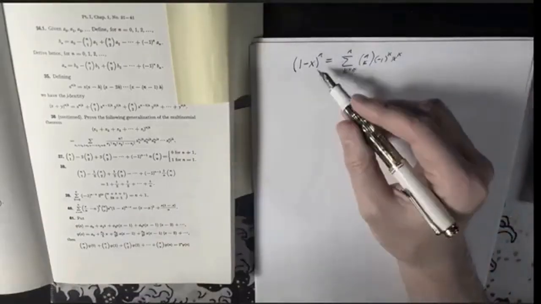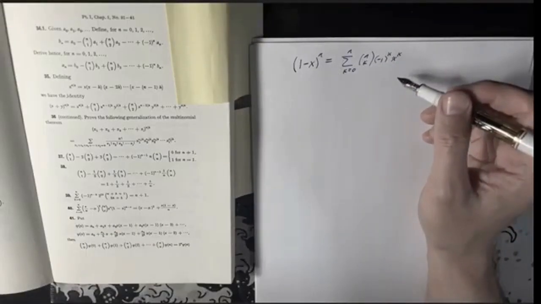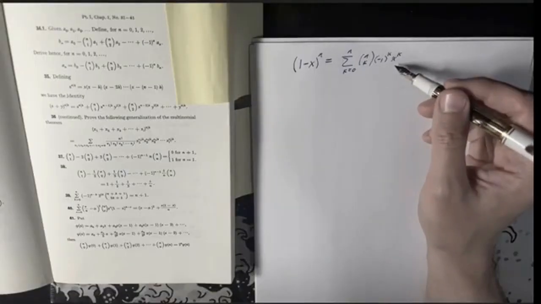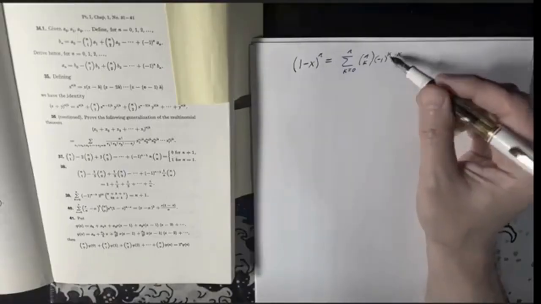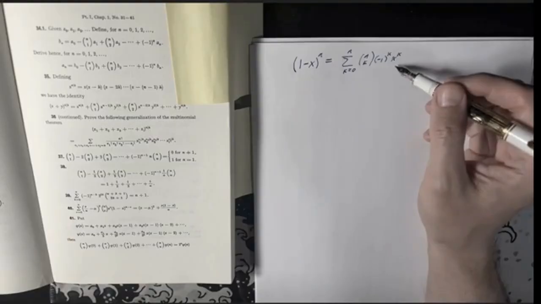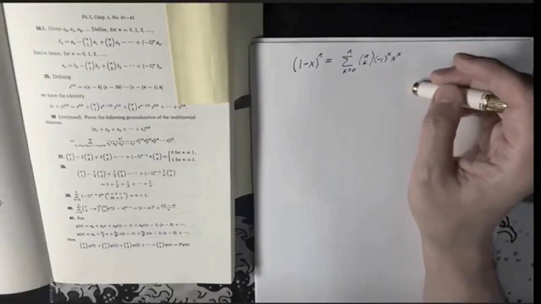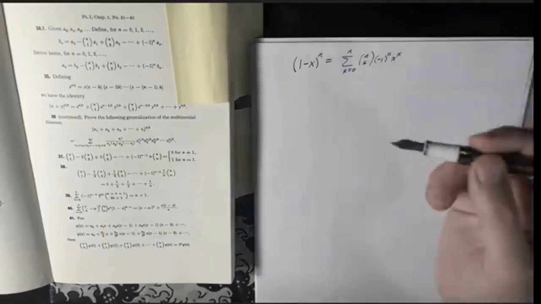So for instance, at 1 you get 0. Of course, you're right on the boundary here. You're right at the edge of the radius of convergence on this function, I'm pretty sure. But is that true?